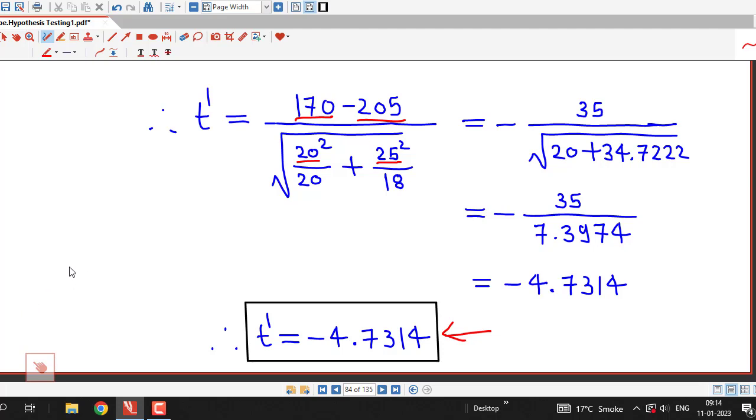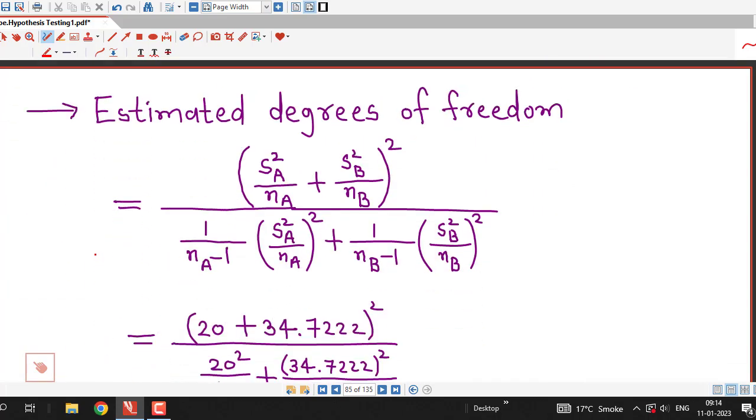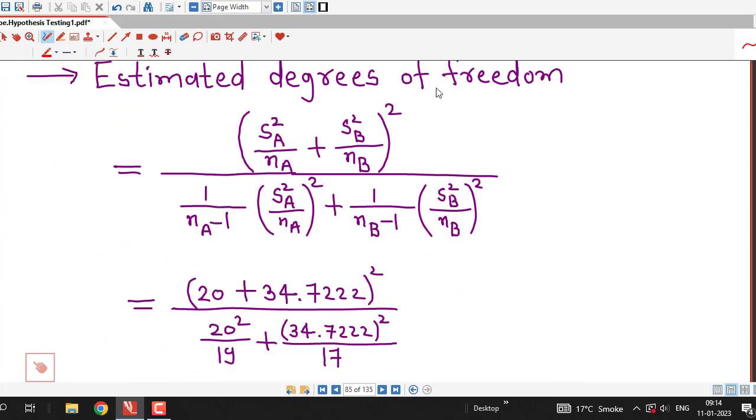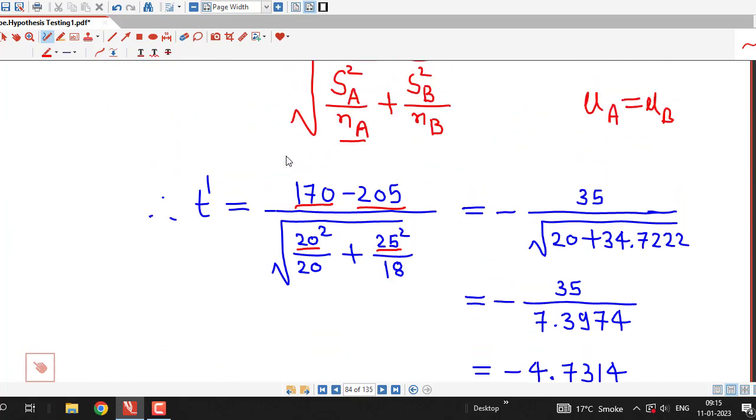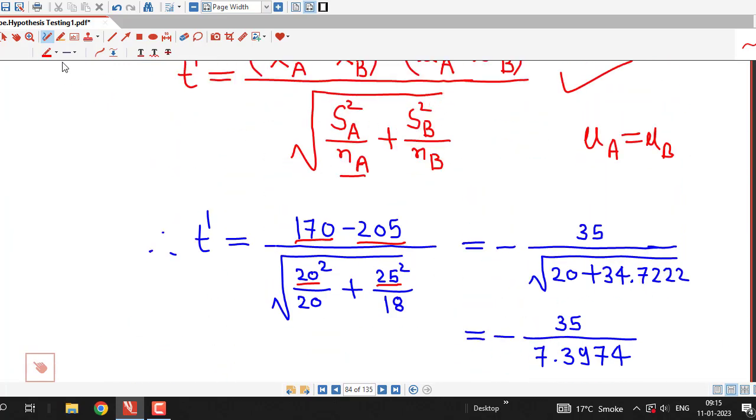In the next step, I have to decide the critical values of this t statistic, t test. So for that, I require estimated degrees of freedom. So I have to use this big expression for estimated degrees of freedom, because I am taking the assumption that these two are unequal. Estimated degrees of freedom are given by this expression. We have SA square over NA in this expression, and if you can see here, I have already calculated these quantities.